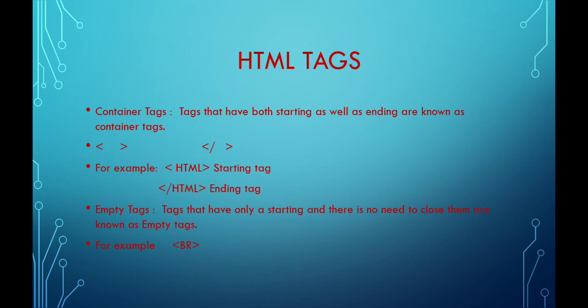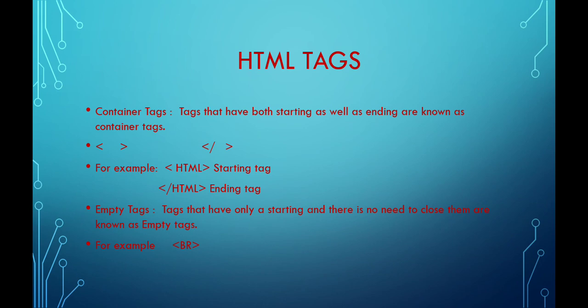HTML tags. There are two types of tags. First is the container tag, and second is the empty tag, or blank tag. Tags that have both a starting and an end are known as container tags, which contain something that will begin and end. Means they begin with the angular bracket and close with the angular bracket with a slash.